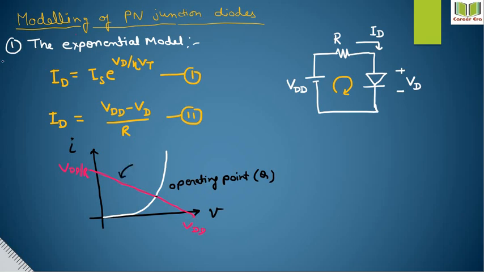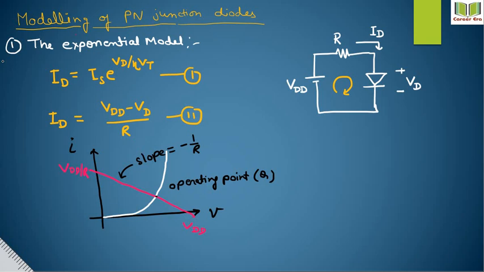the slope of this load line will be minus 1 upon R, from equation 2.